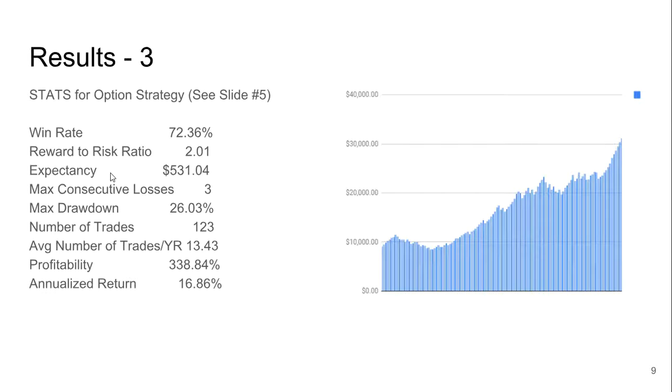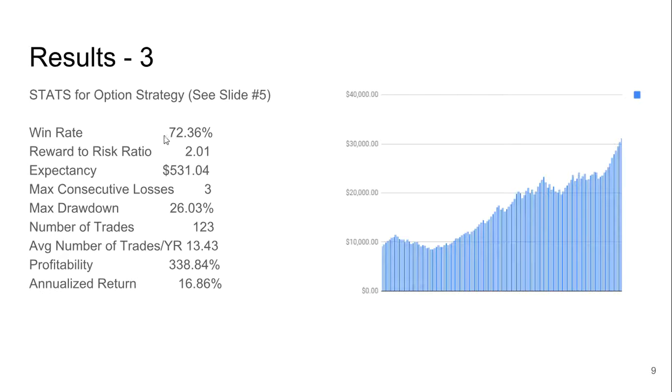Now, what expectancy is, if you're not familiar with it, is a formula that gives you an idea what to expect going forward if these numbers were exactly the same and how it would play out. Again, historical numbers are not any type of predictor or future guarantee, but this is what the numbers crunched out to be.